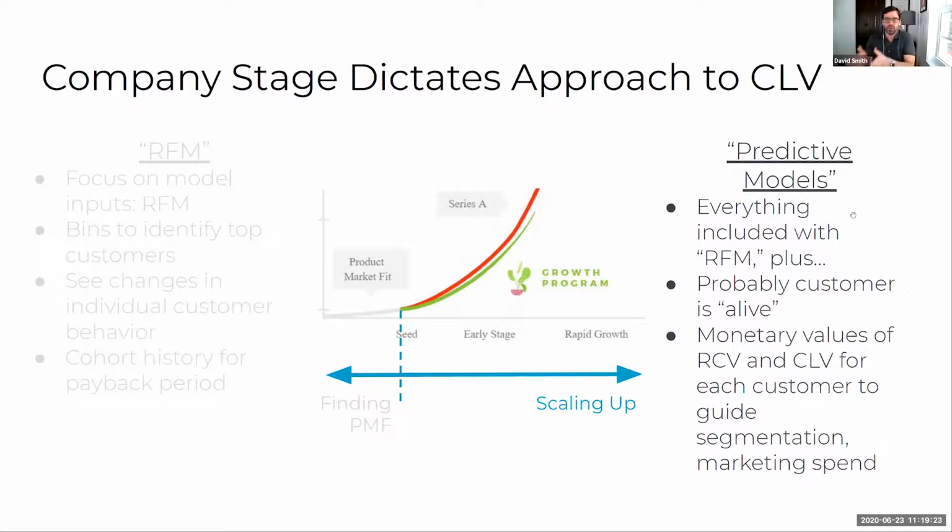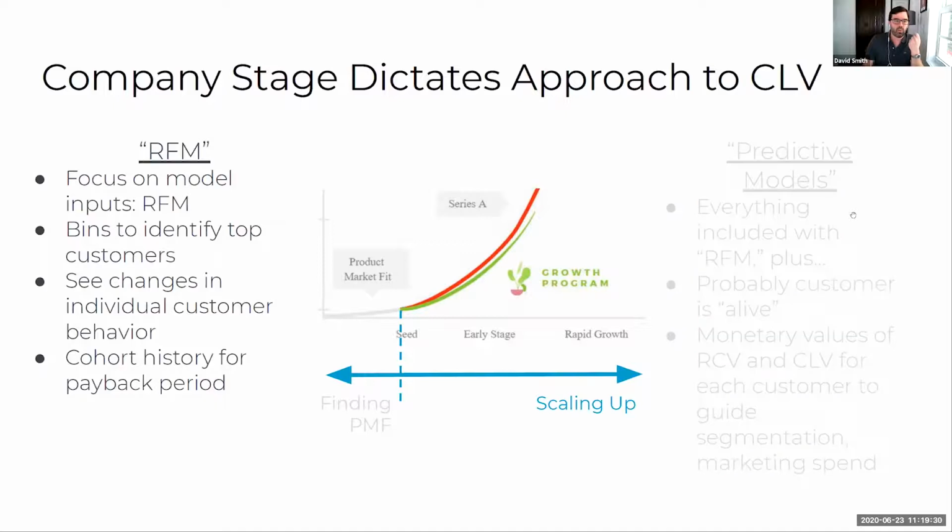Now, for earlier stage startups that might not have found their product market fit, I'm going to propose that just using RFM is probably a good enough solution at this stage of the evolution of your business. So this is a little bit simpler.